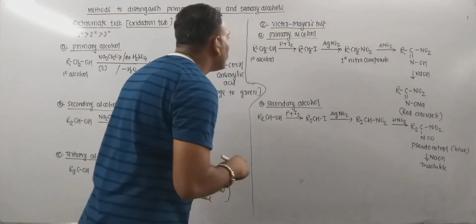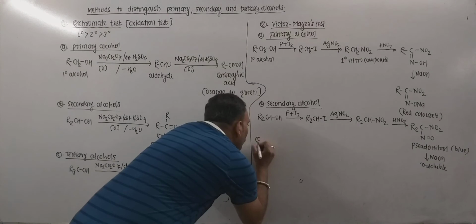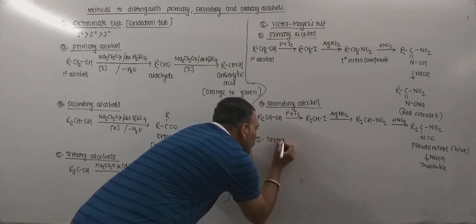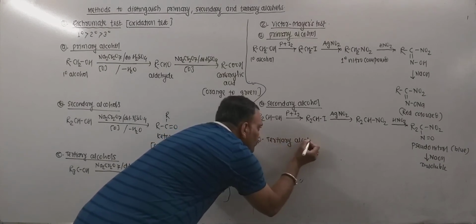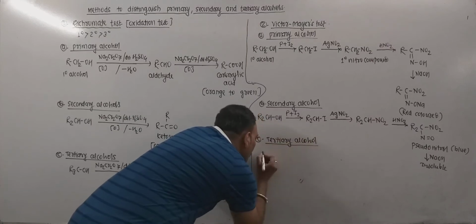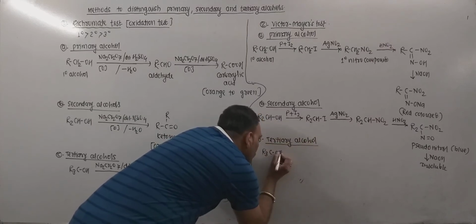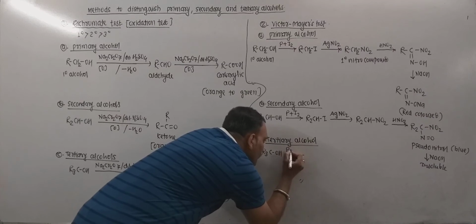Then what about the tertiary alcohol? Now let's see the response of tertiary alcohols. R3COH is the general representation of tertiary alcohol.